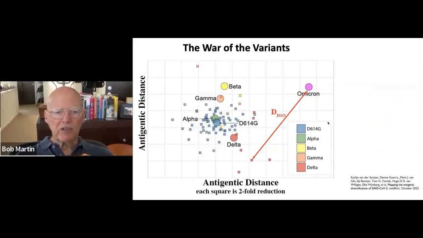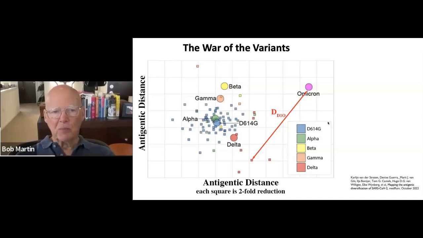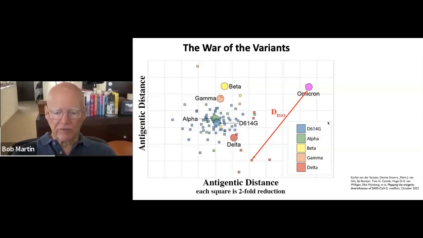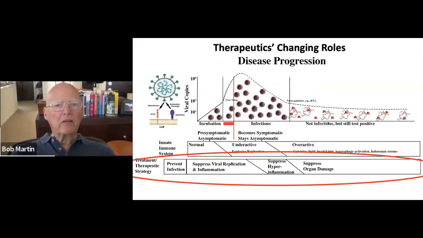Each of these squares is a twofold reduction. So beta, just because you had beta, its ability to neutralize Omicron was a factor of 10 less than its ability to neutralize itself.